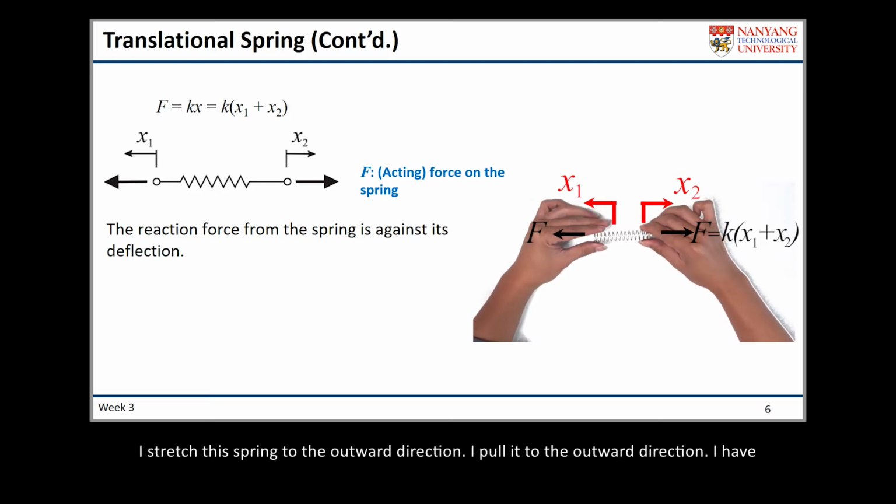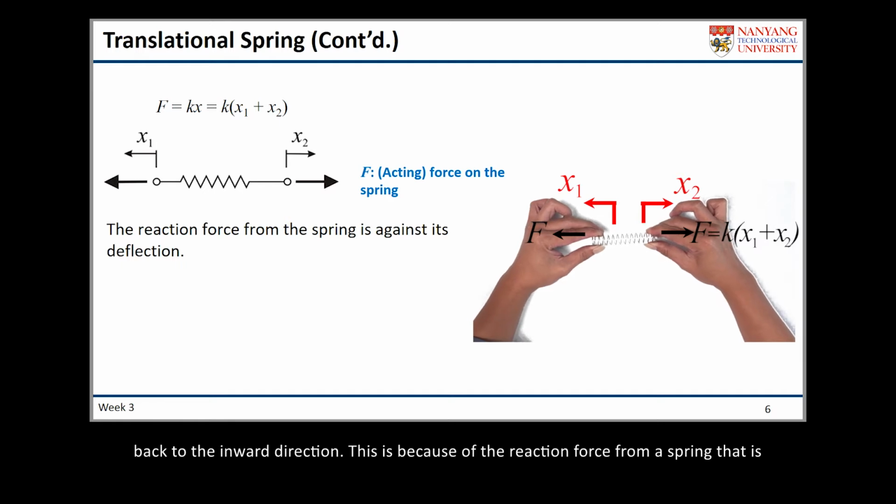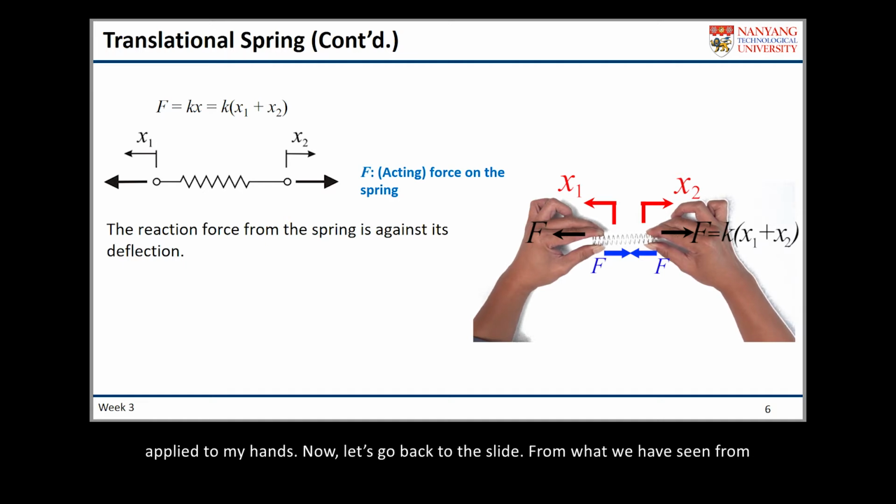When I stretch this spring and pull it in the outward direction, I have a feeling that the spring is trying to pull both of my hands back in the inward direction. This is because of the reaction force from the spring that is applied to my hands.